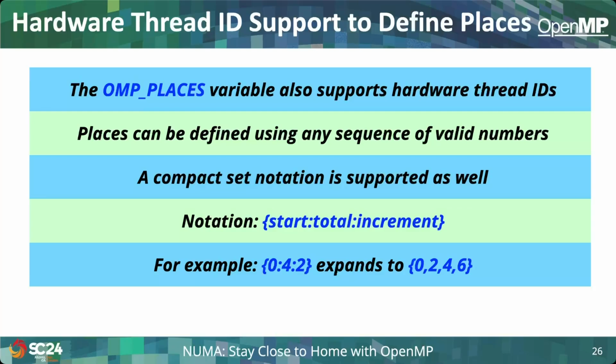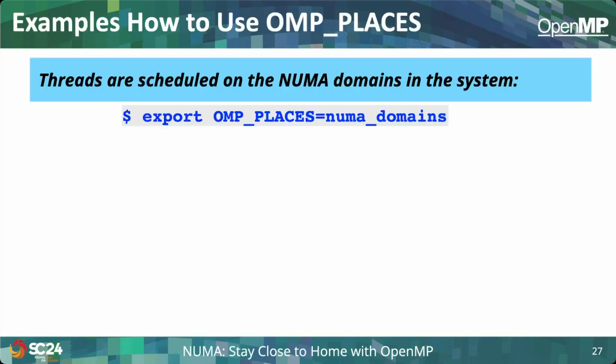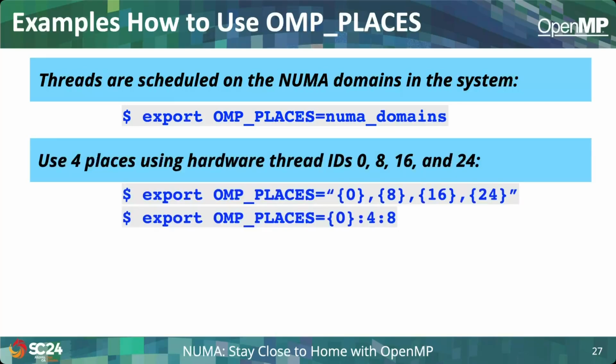For example, if your definition is 0:4:2, that means we start with 0, there are 4 numbers, and the increment is 2, so that expands to the list 0, 2, 4, 6. Here's another example. I define the places to be the NUMA domains in my system. And like in my imaginary system, that will be like the nodes in my system.